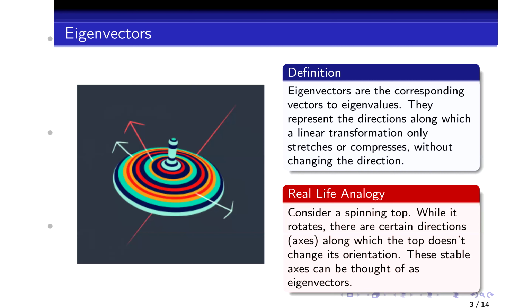While it rotates, there are certain directions or axes along which the top doesn't change its orientation. This stable axis can be thought of as the eigenvector. So as the thing is spinning, certain directions are maintained even while the spinning is taking place. Those are the eigenvectors. But the easier example is the rubber band: the direction in which it stretches is what the eigenvector represents.